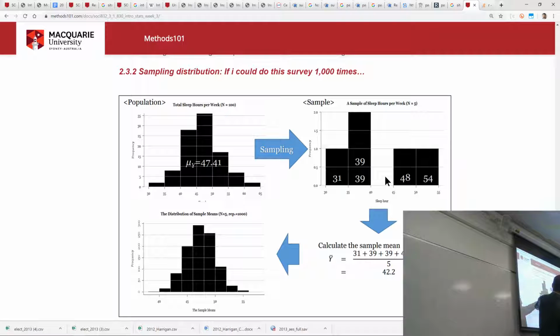And then what we go and do is we sample 5 people, yeah? So each of these is one person. We sample 5 people, we calculate the sample mean, and we dump it onto this table here. In this case, it's 42, so it'll go about there. Boom. And then we just repeat this process.